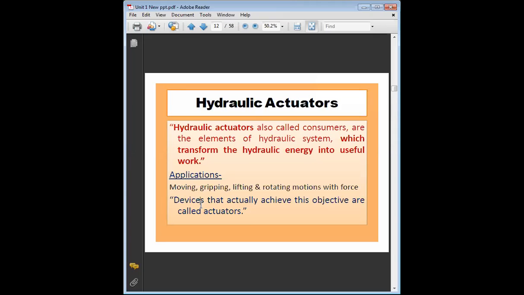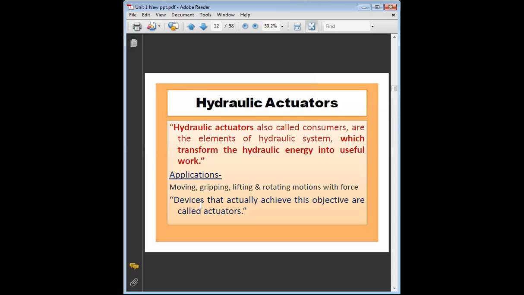There are many applications of hydraulics. The main applications of the hydraulic actuator are concerned with moving, gripping, lifting, and rotating motion with force. For that purpose, hydraulic actuators are used.